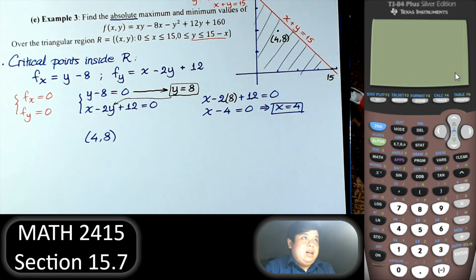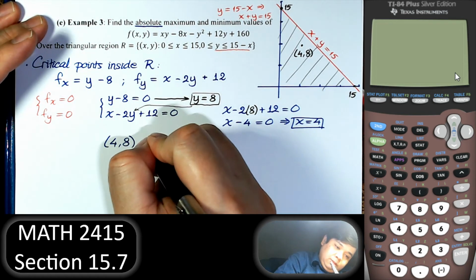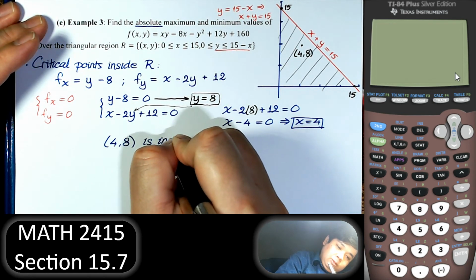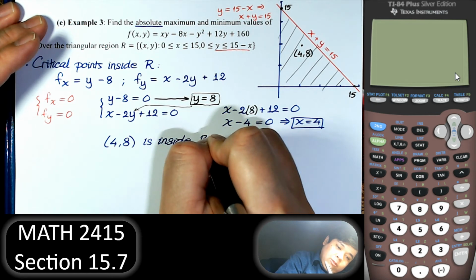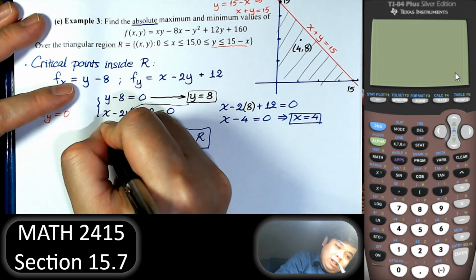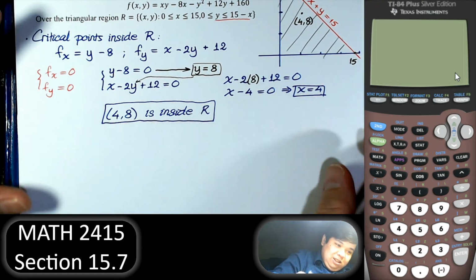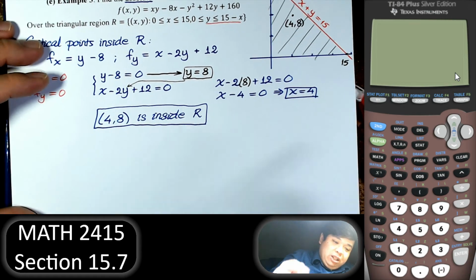And the point is inside. So we have 1 point. So that's good. Now on the boundary, there will be 3 boundaries.